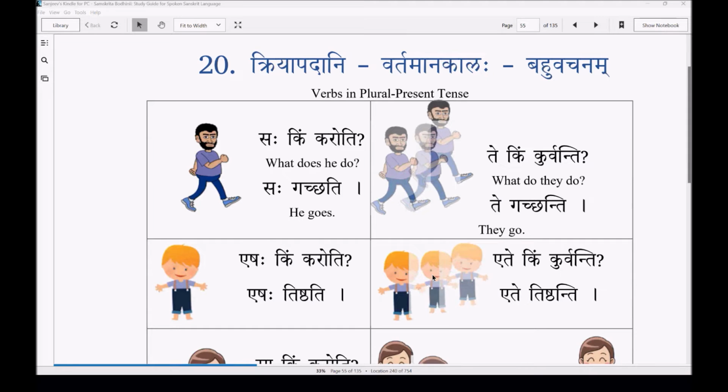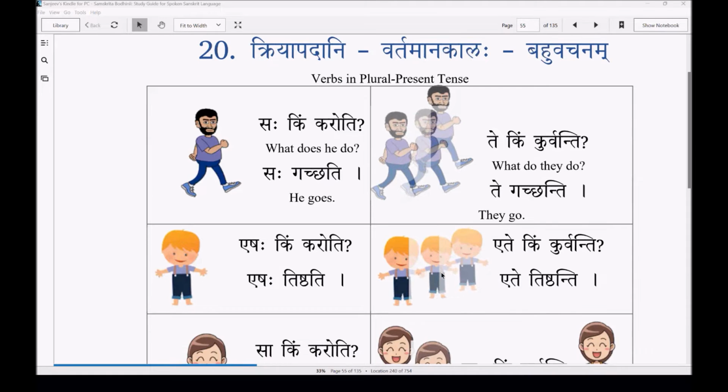Now, the Bahuvachana form, here in the Vartamana Kala, present tense, which we just briefly saw. That question will be Saha kim karoti, what does he do? Saha gacchati means he goes. In the Bahuvachana form, karoti becomes kurvanti, gacchati becomes gacchanti.